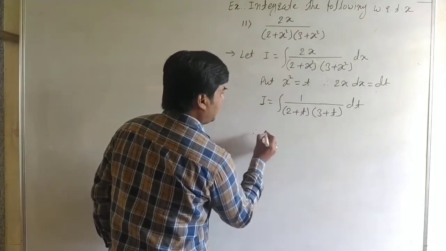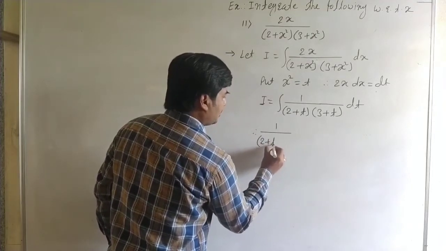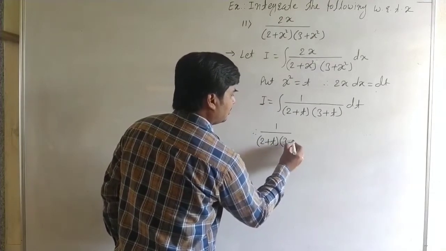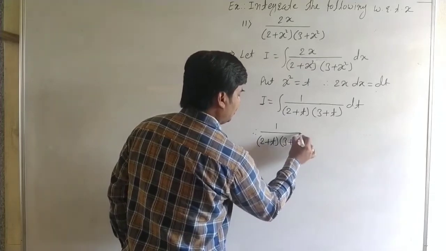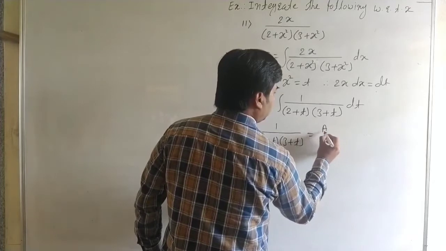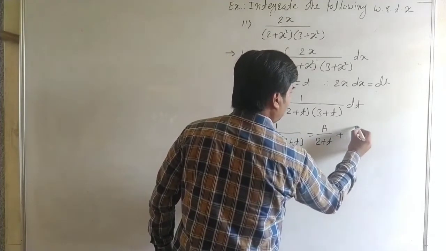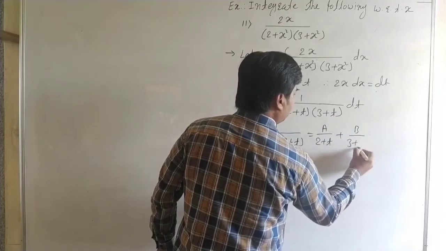Therefore, here we get 1 upon (2 plus t) and (3 plus t). Then this can be in the partial form: a upon (2 plus t) and b upon (3 plus t).